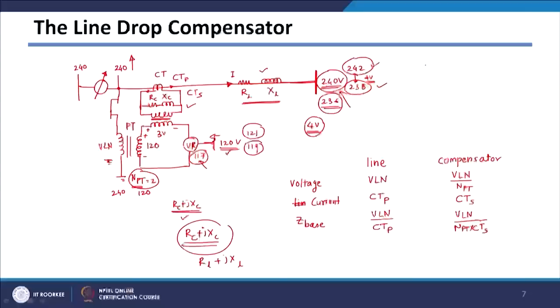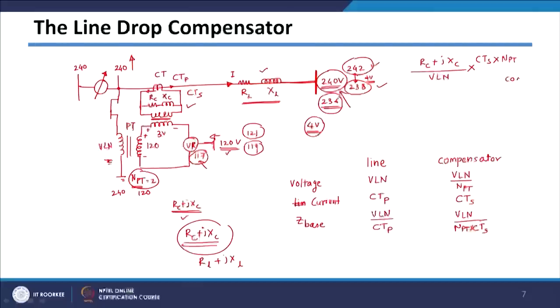So, what will be the per unit value in your compensator circuit? It will be RC plus JXC divided by your base value. So, base value we are getting VLN, and this denominator will go off, it will be CTS multiplied by NPT. So, this is actually the per unit value in the compensator circuit.